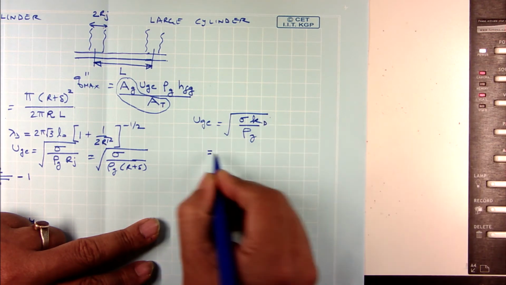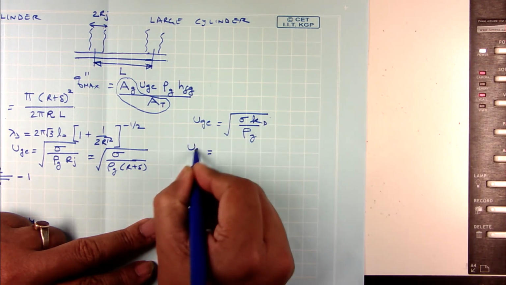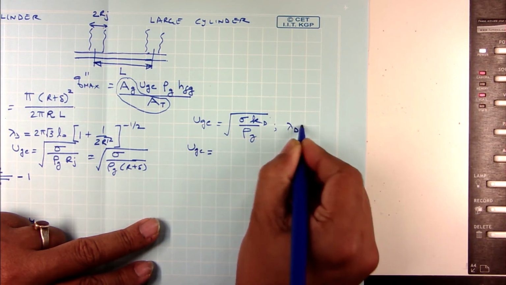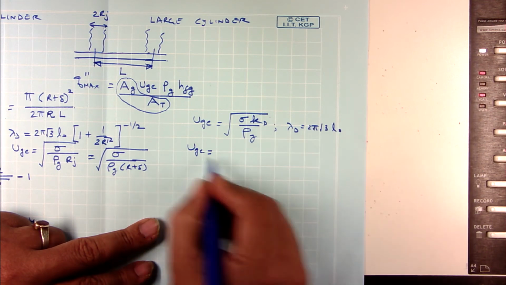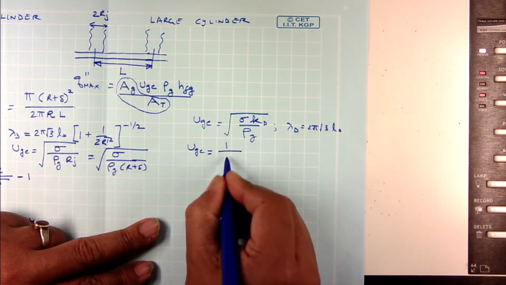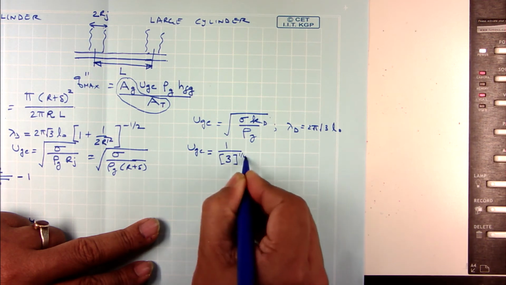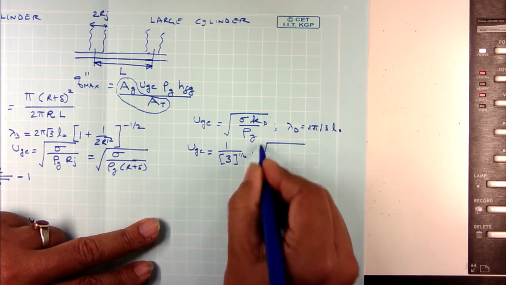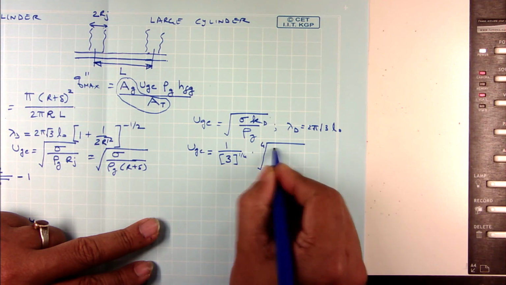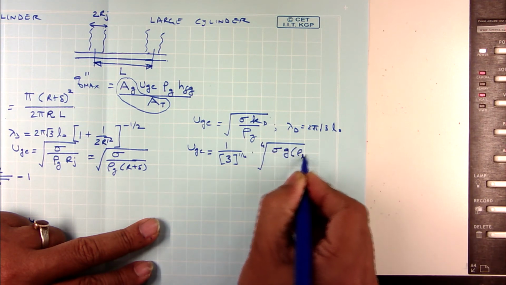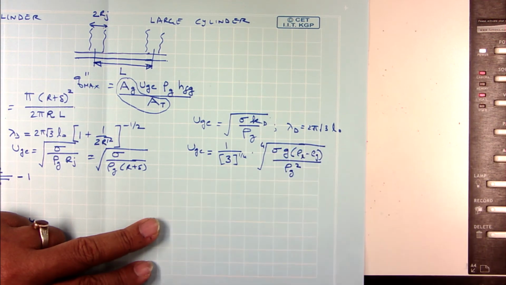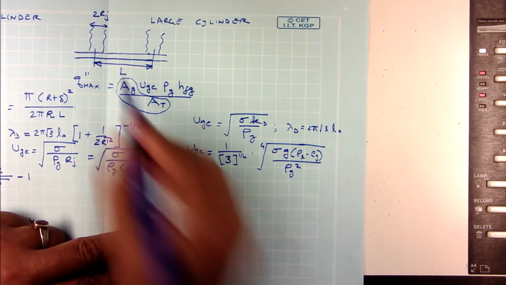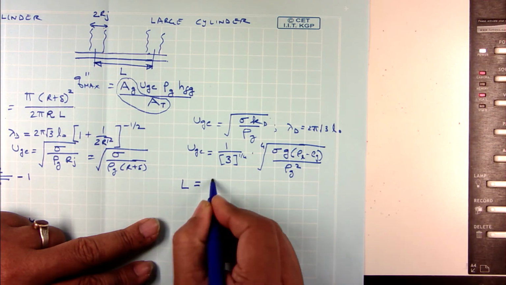And so UGC basically, if you substitute your lambda d is equal to 2 pi root 3 L naught, then your UGC becomes equal to 1 times 3 to the power of 1/4, and then you have the 4th root of sigma g rho L minus rho g divided by rho g square. Okay. And in this case, what they assumed was this L was equal to 4 times Rj.